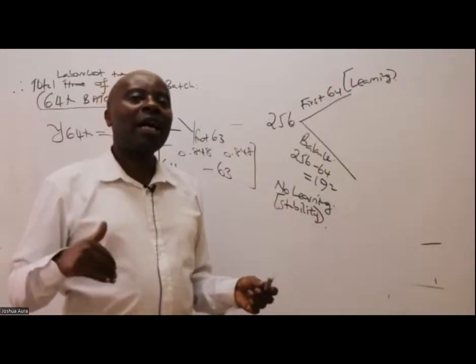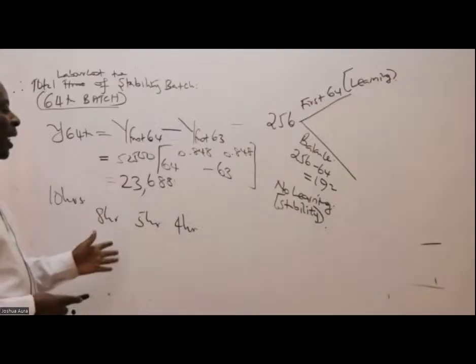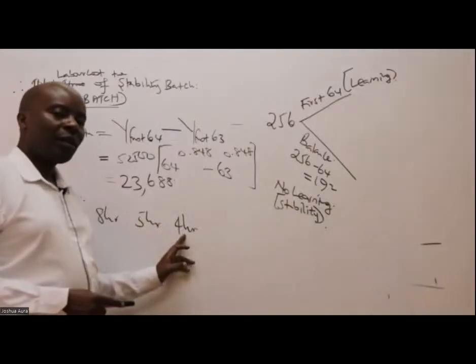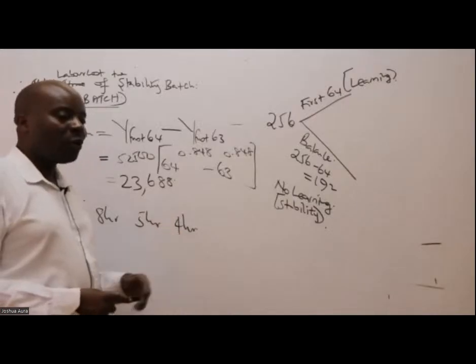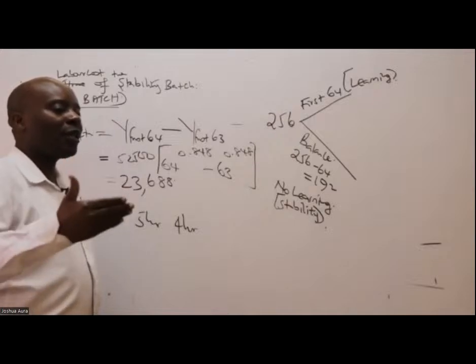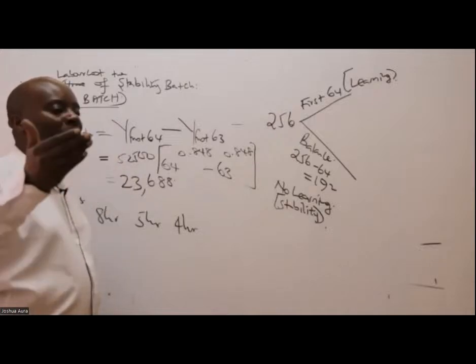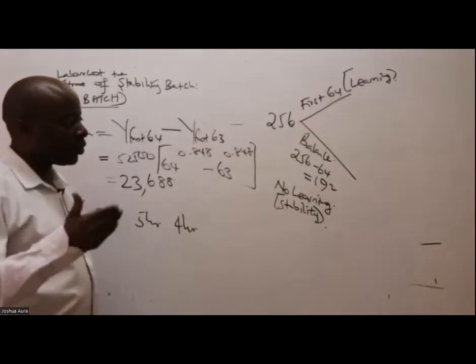So after some time, I'll be able to stabilize. Perhaps I stabilize on this particular table. If I stabilize on this table, what would it mean? That all the subsequent tables will be produced in those 4 hours. 4 hours now becomes the constant throughout.